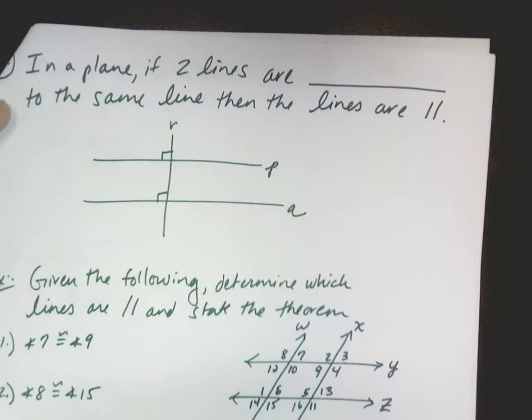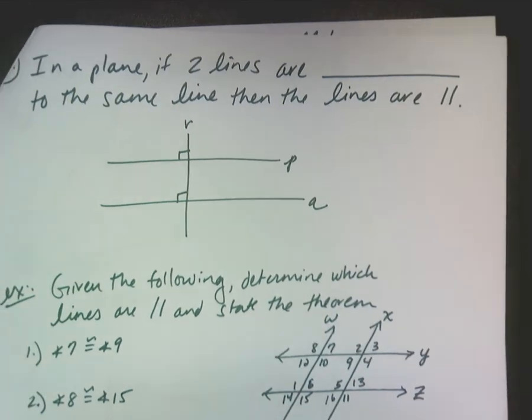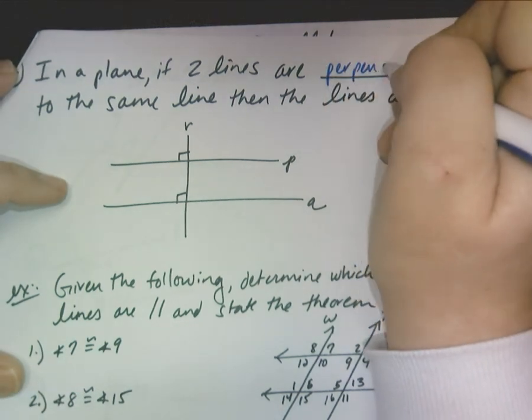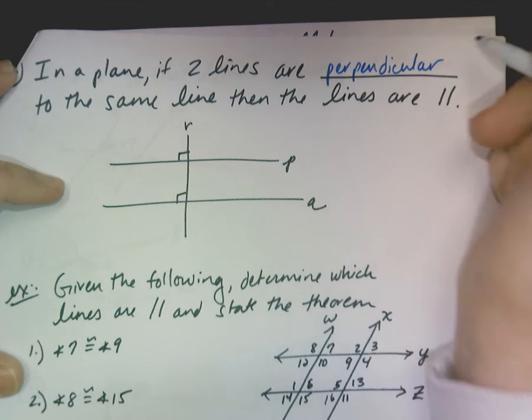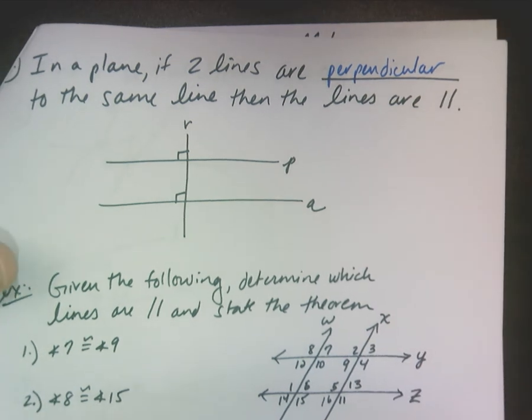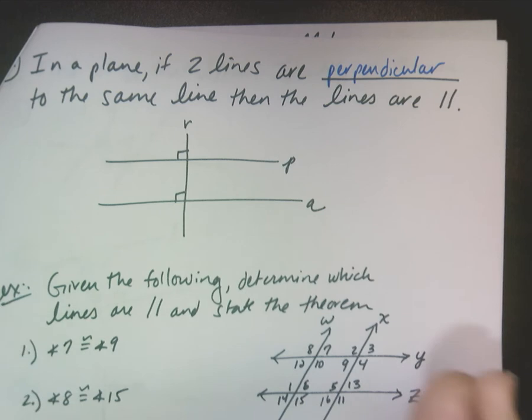Let's talk about one more theorem. In a plane, if two lines are perpendicular to the same line, then the lines are parallel. So here's what this means.